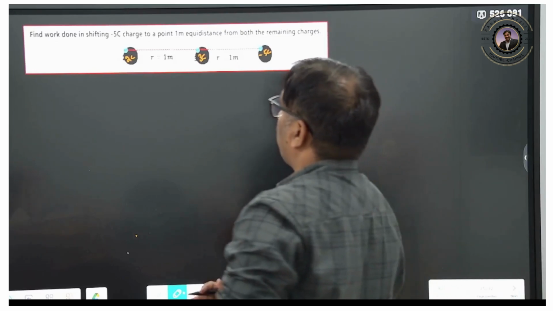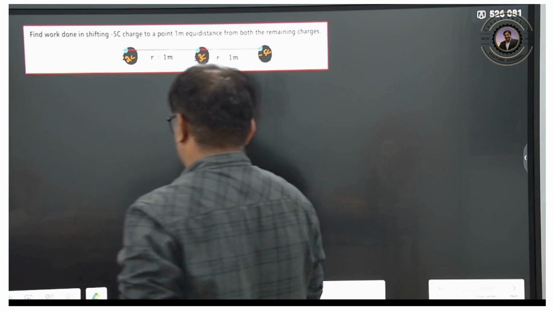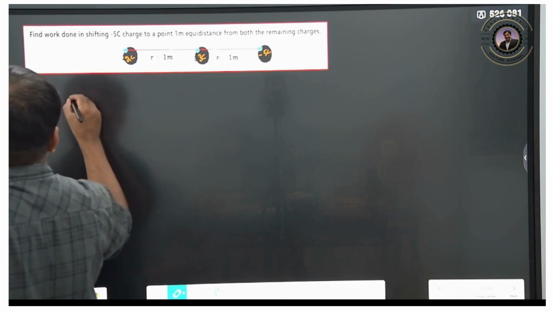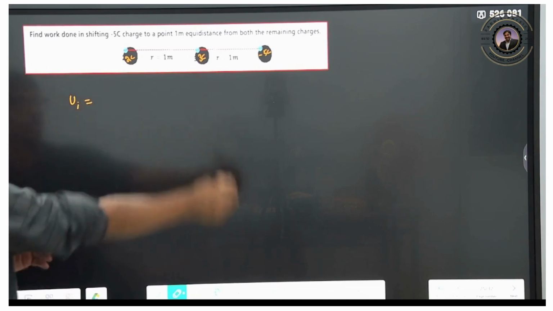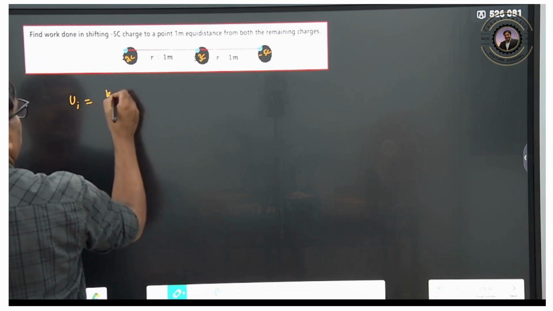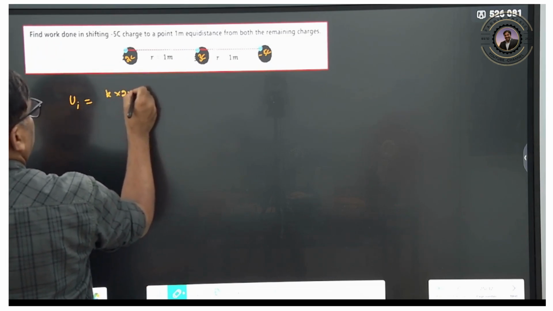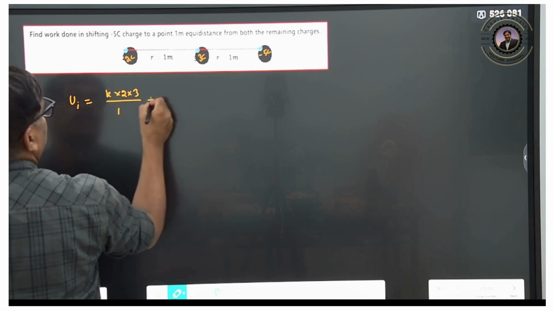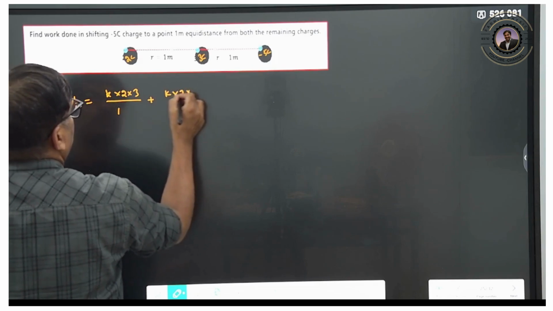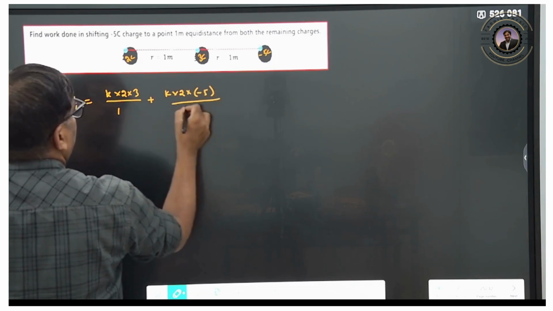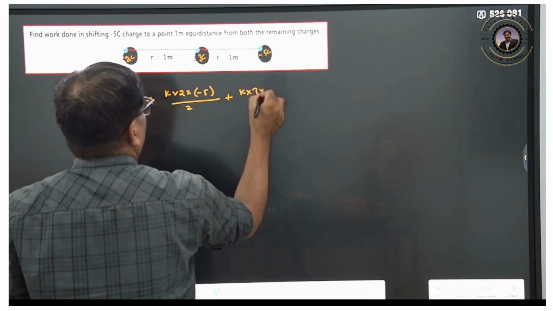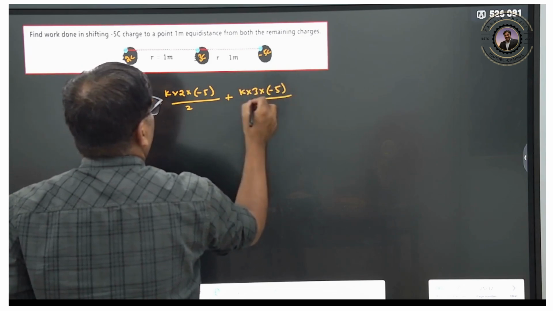Right. So now we have to calculate the work done in shifting this charge. First of all, let us calculate the initial potential energy. How many combinations will be possible? 3 combinations will be possible. Between these two, k into q into 2 into 3 divided by 1, plus between these two, k into 2 into minus 5 divided by 2, plus between these two, k into 3 into minus 5 divided by 1.